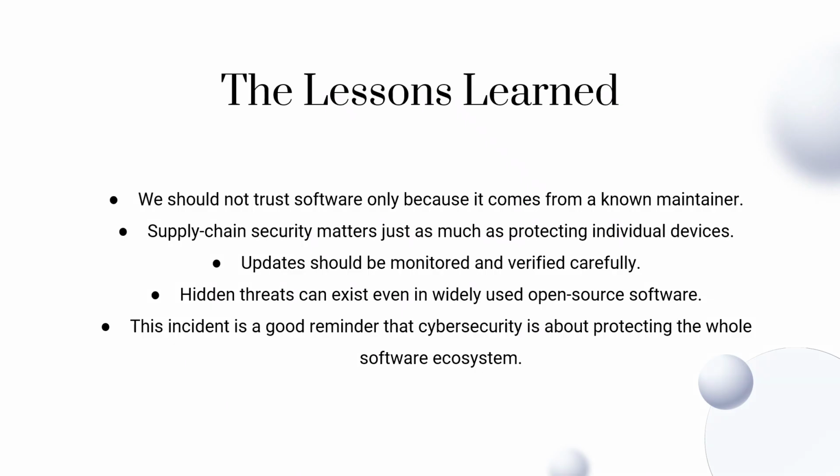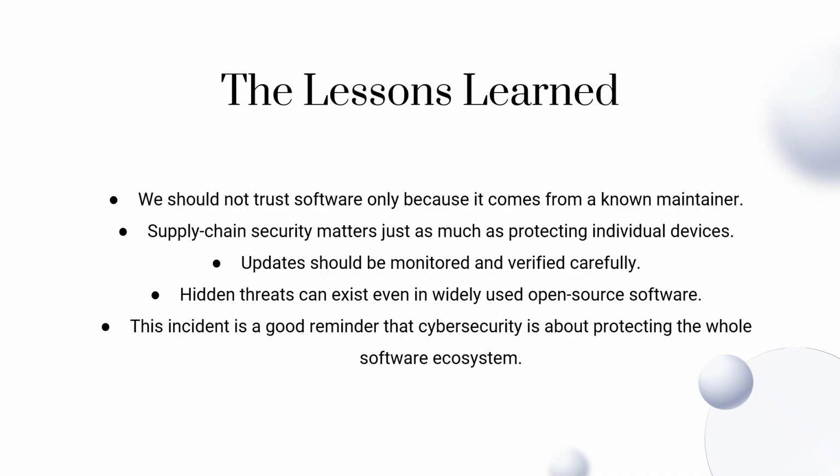So the biggest lesson from this incident that we should all learn is to not trust software only because it comes from a well-known project or maintainer. This specific one came from one of the biggest in the world at the time, and people really trusted it, and it caused mass destruction. So we should learn not to trust software just because it comes from a well-known company.